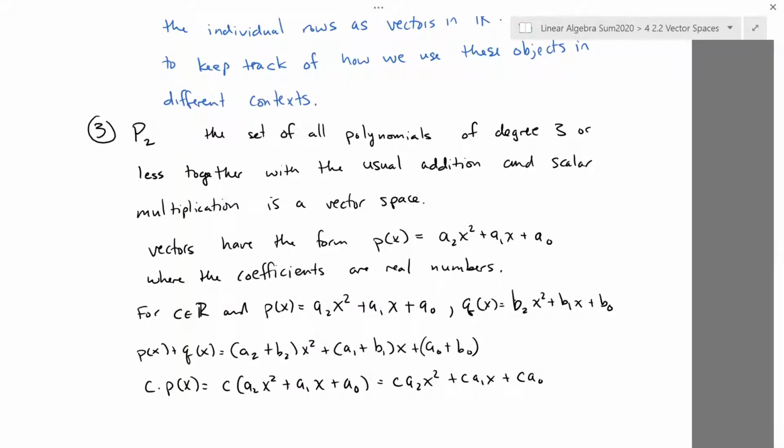And then the next example we're going to talk about is sets of polynomials as vector spaces. So I'm going to write P sub 2. This should say degree 2. This is a typo.